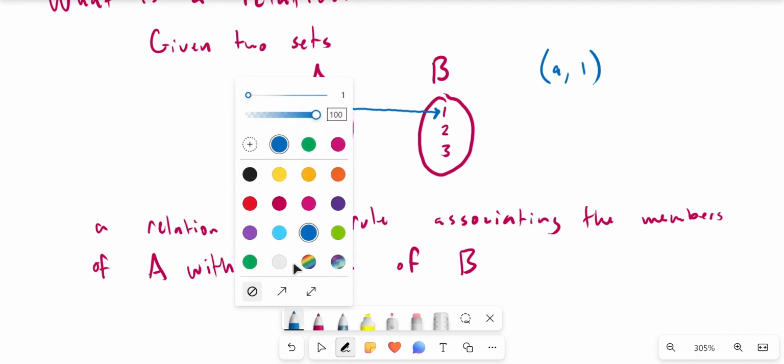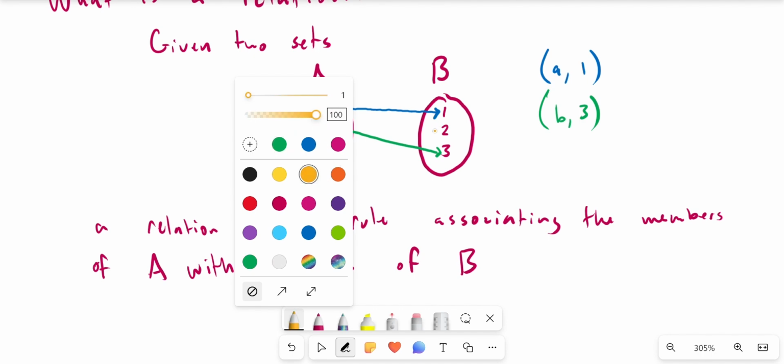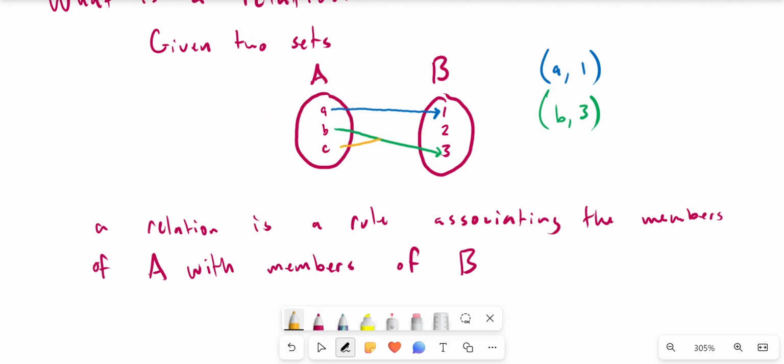And likewise, if there was some other rule, maybe associating B with 3, I would write (B, 3) this way. And last one, if I had C associated with 2, then we would write (C, 2), maybe this way.